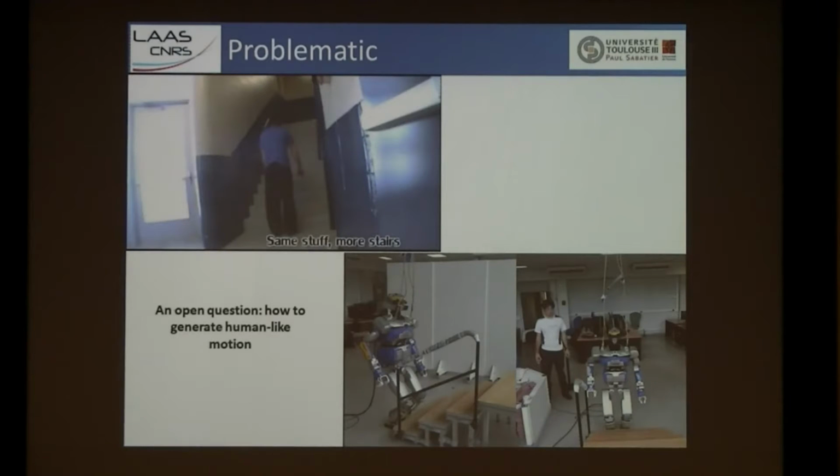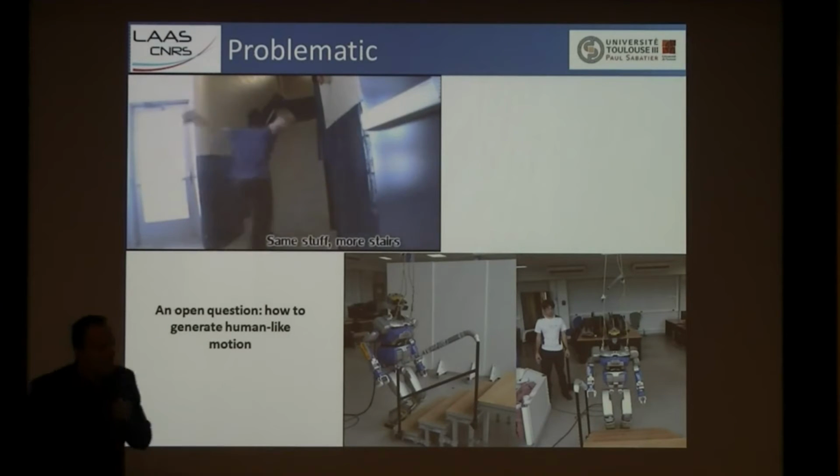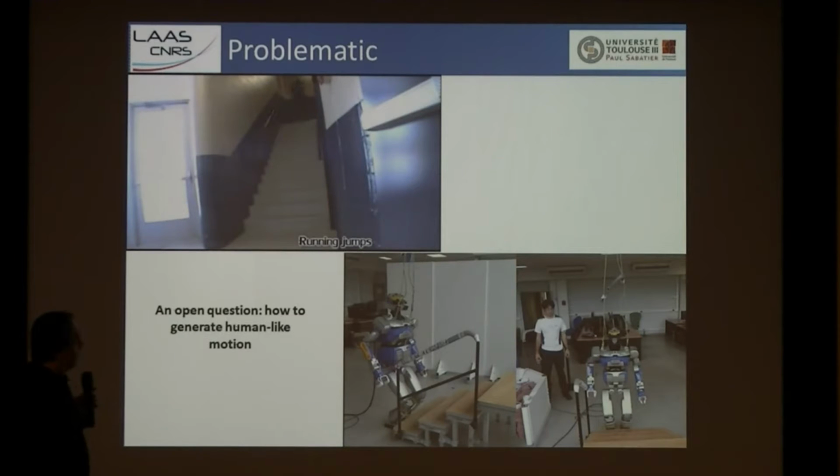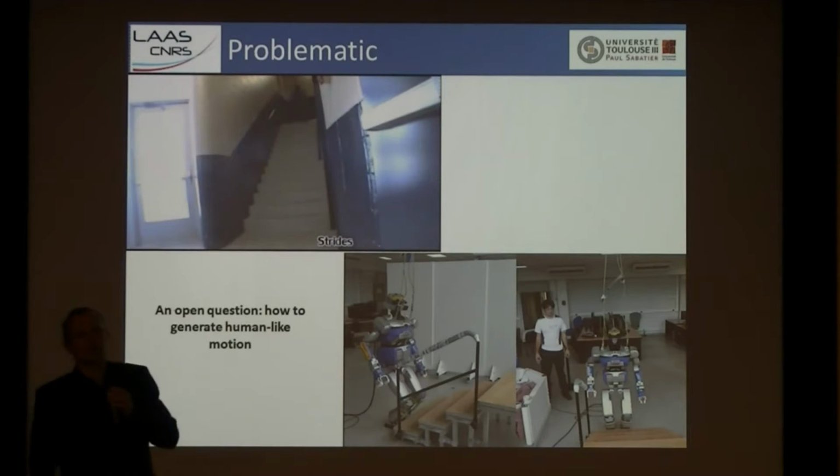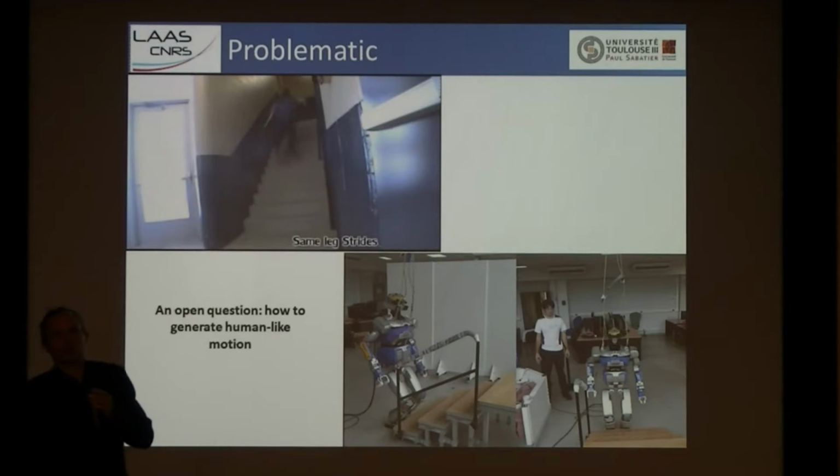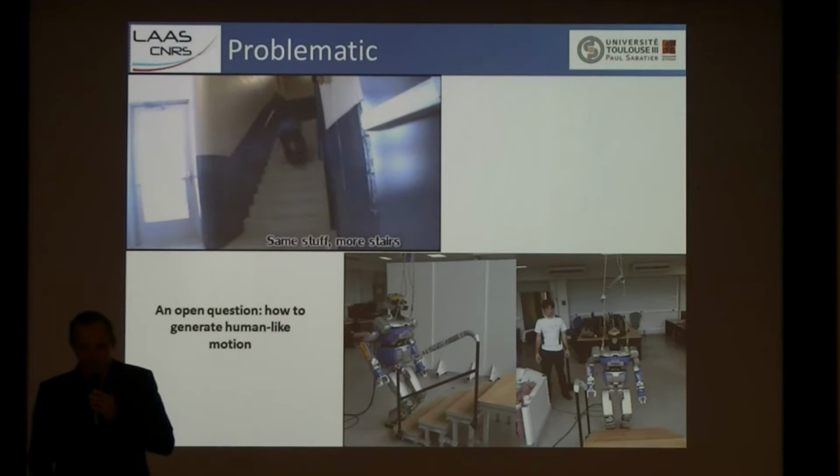So, in fact, because of the redundancy of the musculo-skeletal system, because of the mechanical behavior of the musculo-skeletal system, and particularly muscles, you can see on this video that there is a lot of ways to do a given motion, here climbing stairs.